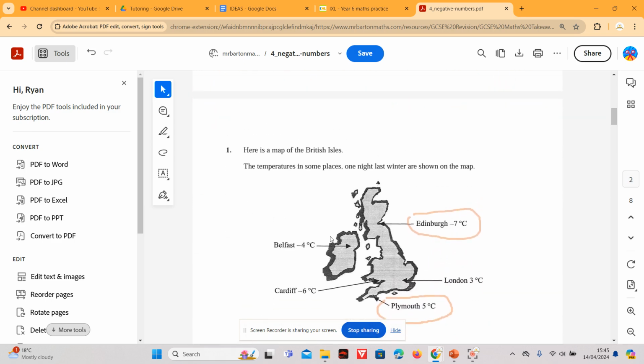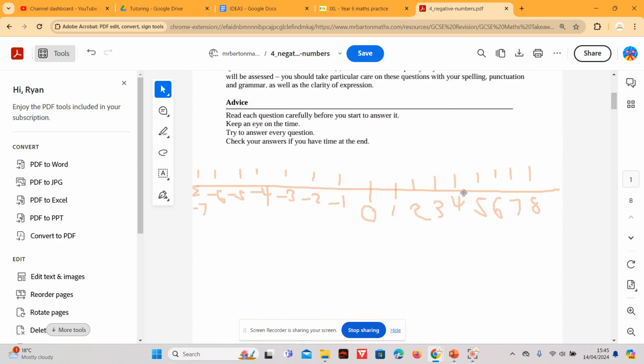The best way to do this is just use the number line here. So I'm going to start at 5. Then I'm going to draw how many bumps. So we've got 1, 2, 3, 4, 5, 6, 7, 8, 9, 10, 11, 12. So there's a difference of 12.